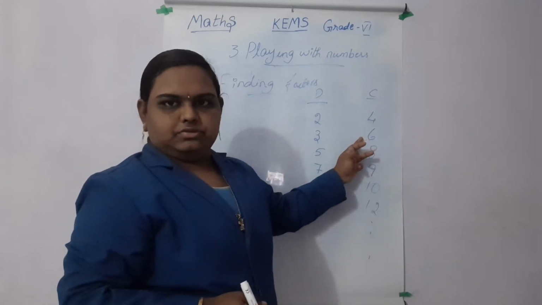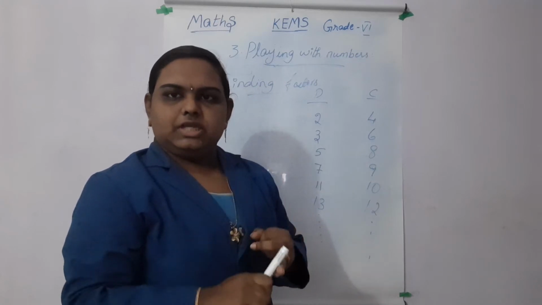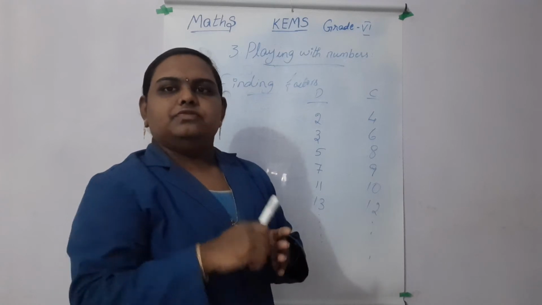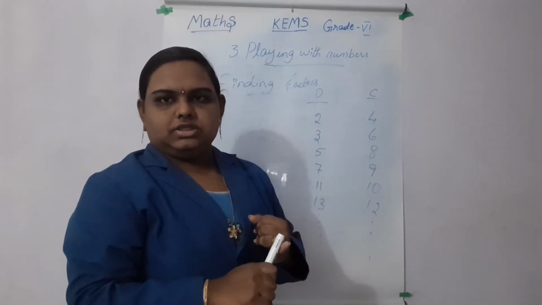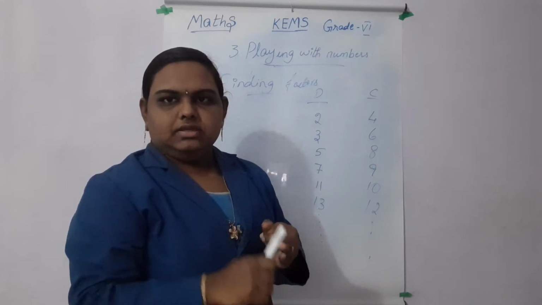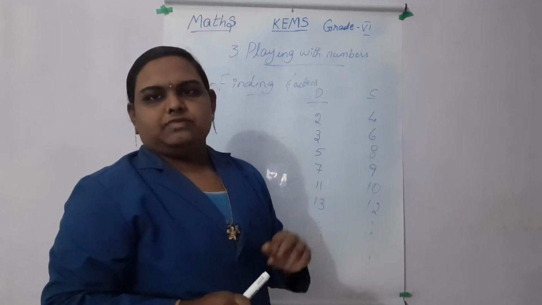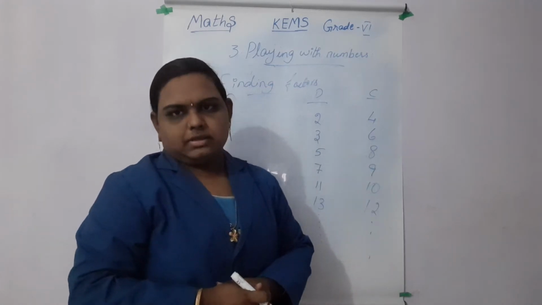So more than 2. If we take 8: 1, 2, 4, 8, like that 4 factors. If we take 9: 1 into 9, 3 into 3, 9 into 1. So 1, 3, 9, 3 factors are there. So this is known as composite numbers.